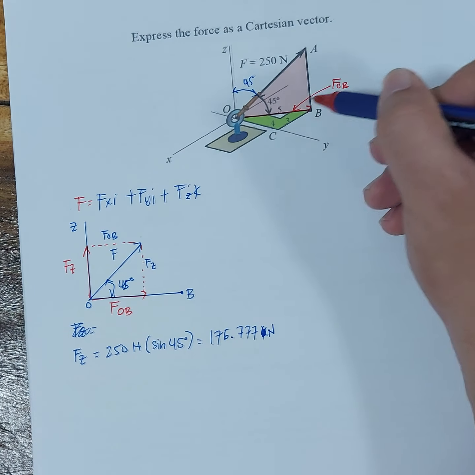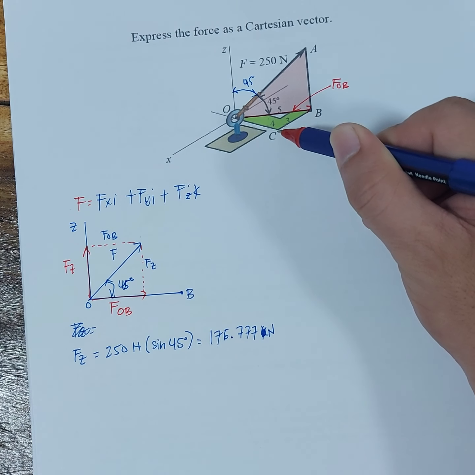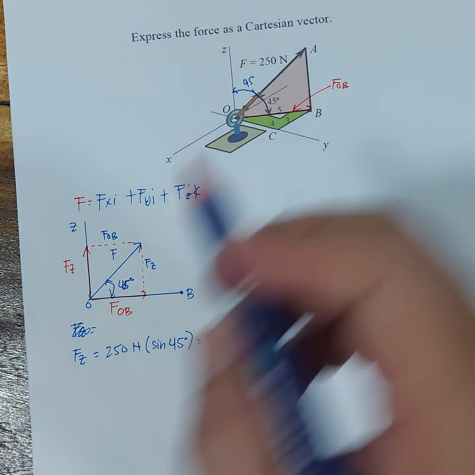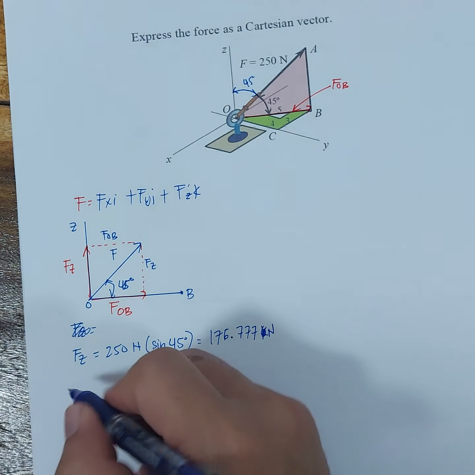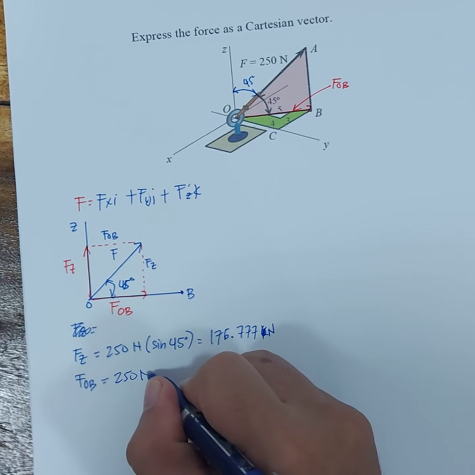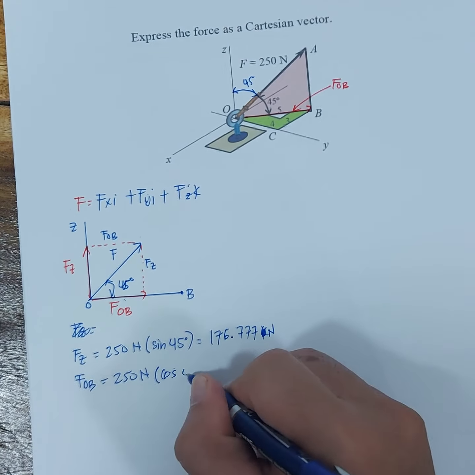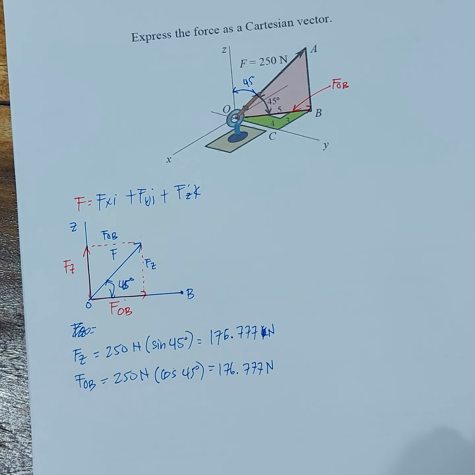And then, i-resolve naman natin ito, FOB sa kanyang Y component and X component. So, FOB is 250 newtons times adjacent side cosine of 45 degrees. Parehas lang. 176.777 newtons.